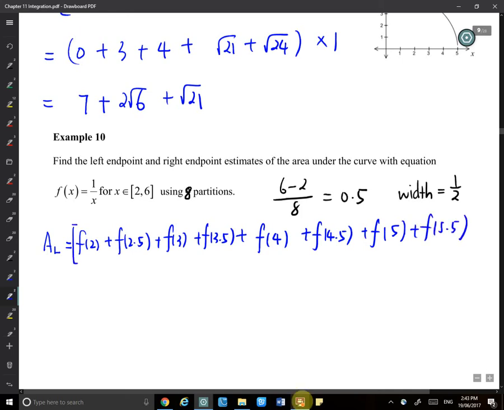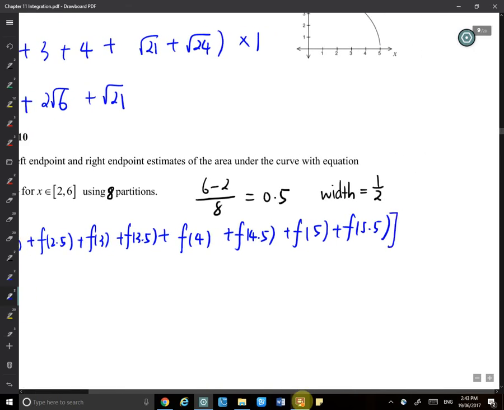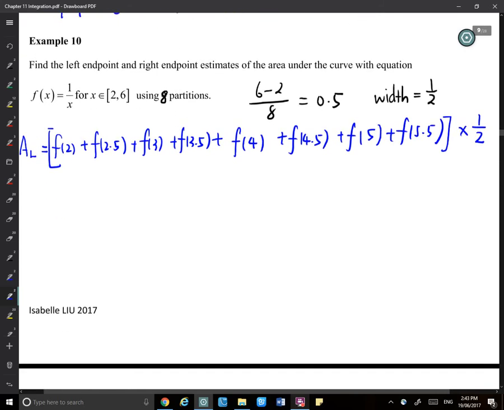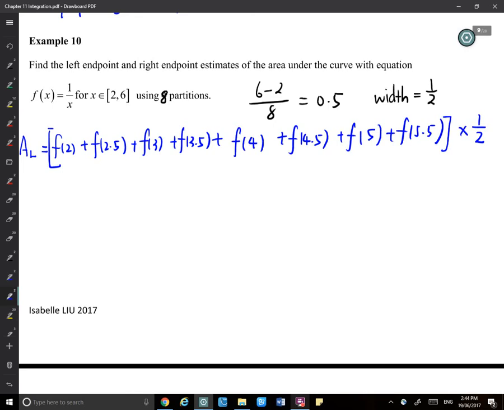And then remember, that's very important, to times by a half, not 1 this time. We'll times that by a half, because the width is a half.